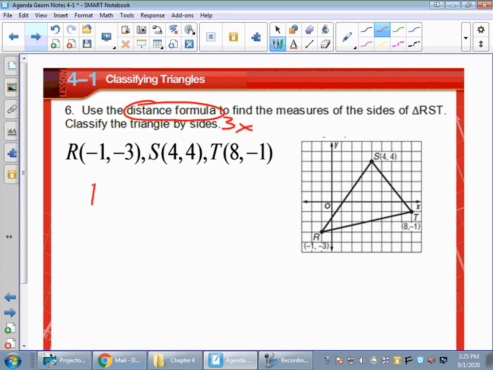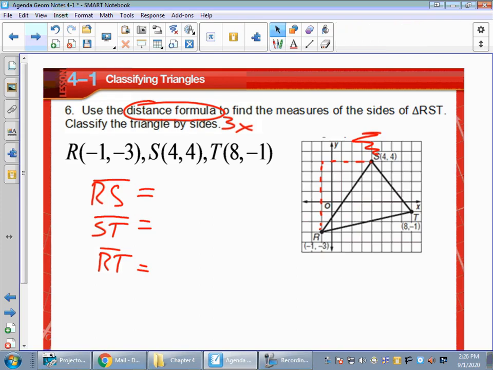You're going to have to do it for RS, for ST, and for RT. But once you get those distances, you'll be able to tell me if it's scalene, if it's equilateral, or if it's isosceles. And I suppose if you wanted to, you could use the Pythagorean theorem to find each distance. But it's kind of up to you.